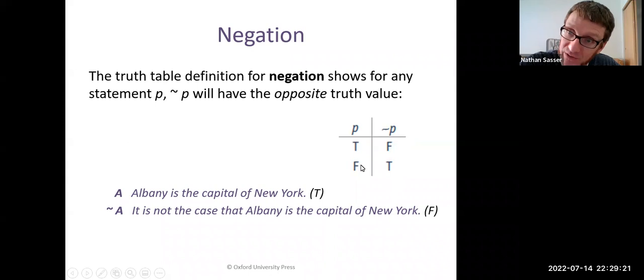And if it's false that Albany is the capital of New York, then it's true that Albany is not the capital of New York. In other words, this is just an illustration of when P is true, not P is false, and when P is false, not P is true. So this is a truth table definition of the tilde sign.